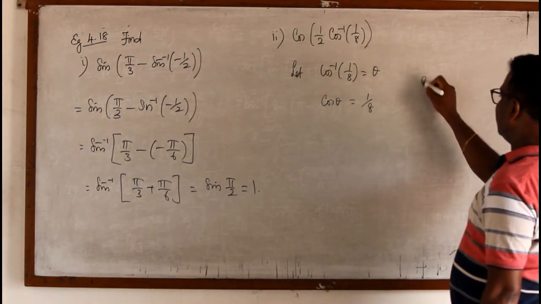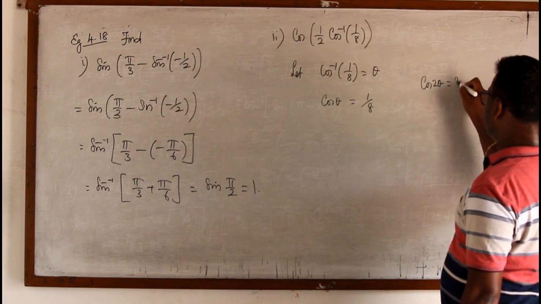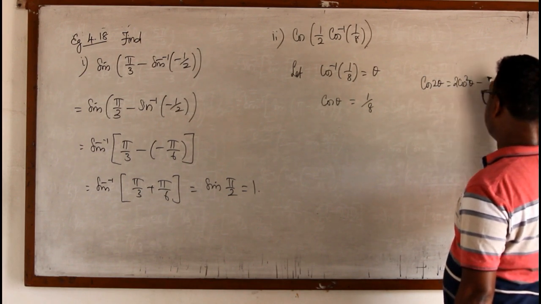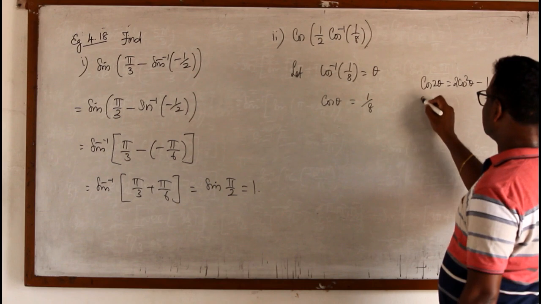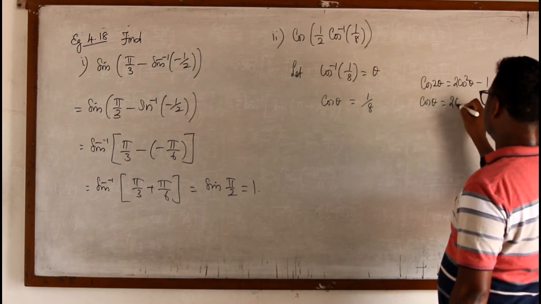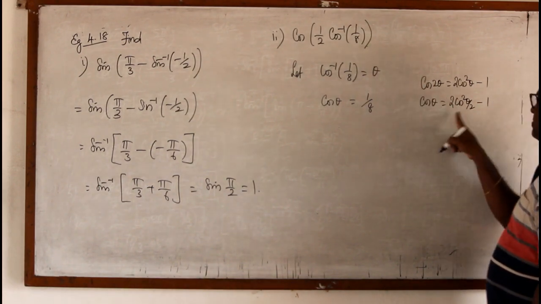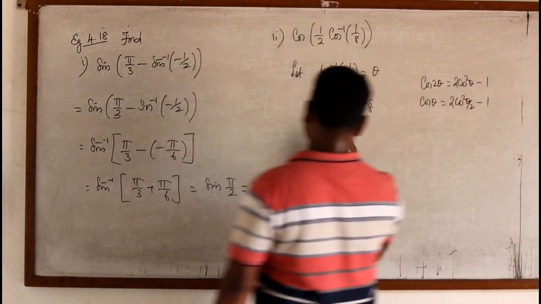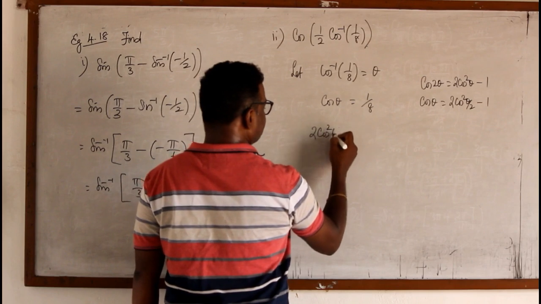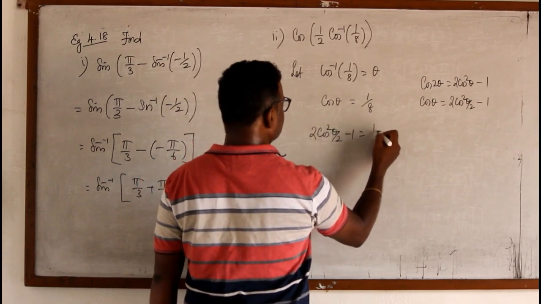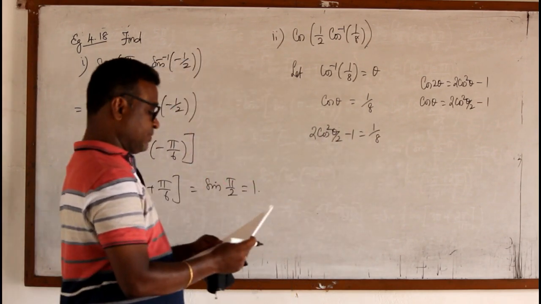Now, cos 2 theta is 2 cos square theta minus 1. Having theta, the formula is 2 cos square theta by 2 minus 1. We express everything in terms of cos. So 2 cos square theta by 2 minus 1 is 1 by 8.